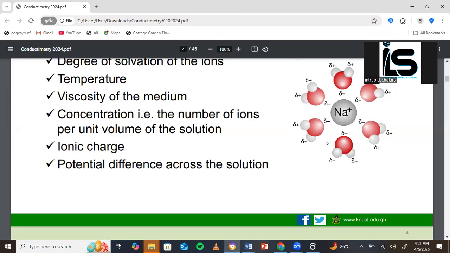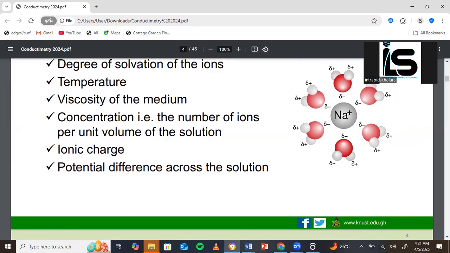So a simple example is that we can have something like sodium. Sodium, if you compare sodium to, let me write here, lithium. Now, lithium has a smaller size compared to sodium. Generally, lithium should move faster. But in solution, lithium is more hydrated with water molecules. It's more hydrated, and so you realize that the hydrated ionic size of lithium, because of its high charge density, is bigger.